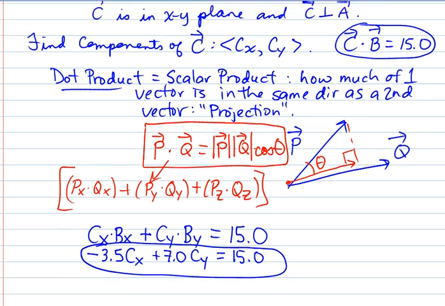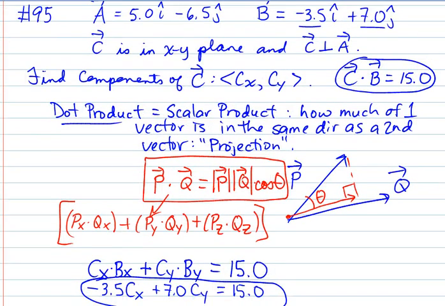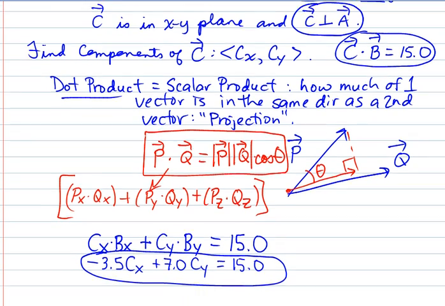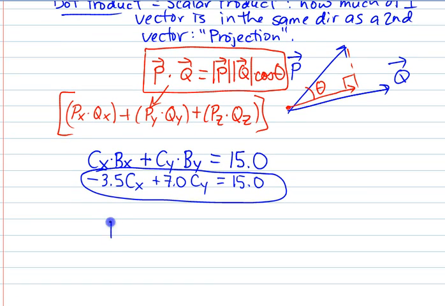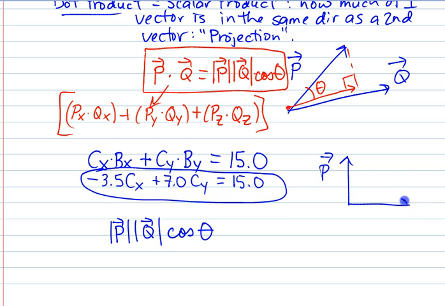Then we can get a second equation from the fact that C is perpendicular to A. Because the dot product is the magnitude of the two vectors times the cosine of the angle, we know that if P is perpendicular to Q, then the cosine of that angle is 0, because the cosine of 90 degrees is 0.